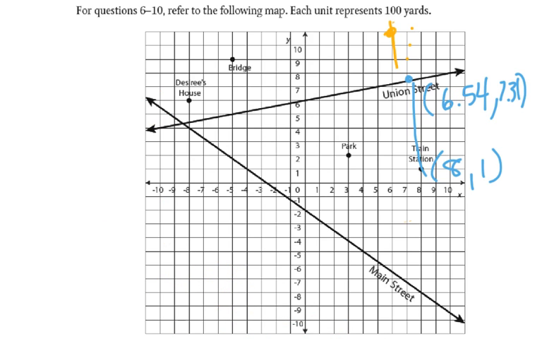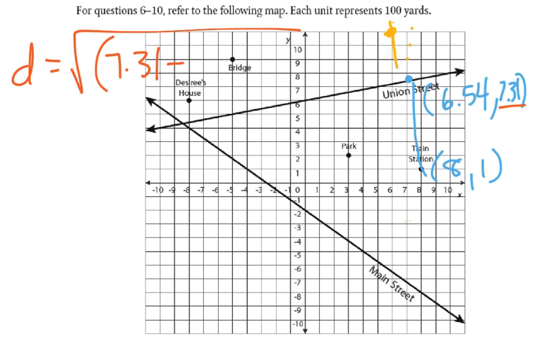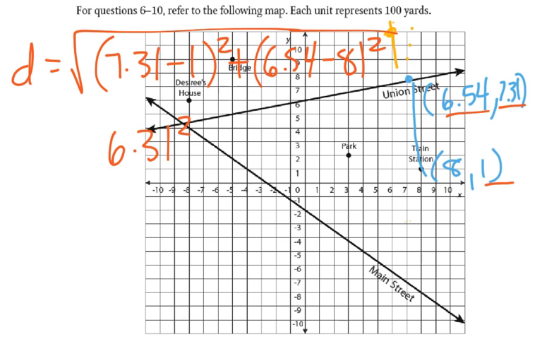To do the distance formula, the distance would be the square root of our y value, 7.31, minus 1, squared, plus our x value, 6.54, minus 8, squared. 7.31 minus 1 is 6.31 squared, and 6.54 minus 8 gives us negative 1.46 squared.